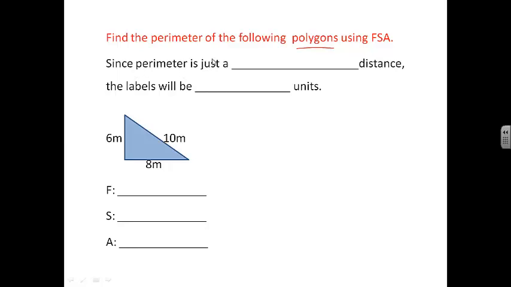Since perimeter is just a straight distance, the labels will be regular units. Okay? All right, now, FSA. When we do FSA, the F means formula.